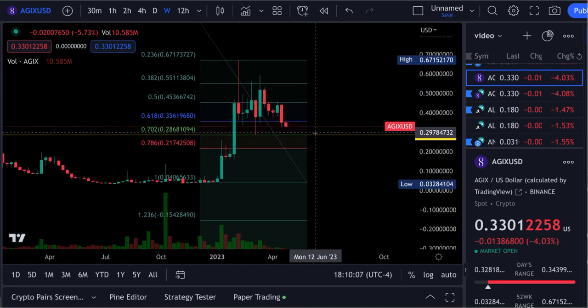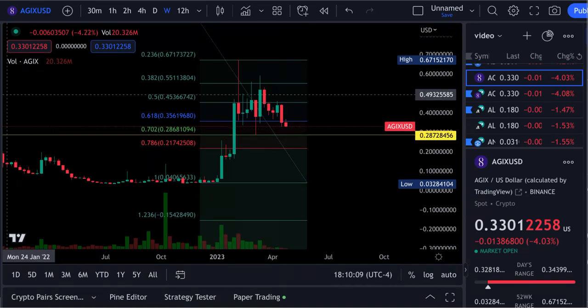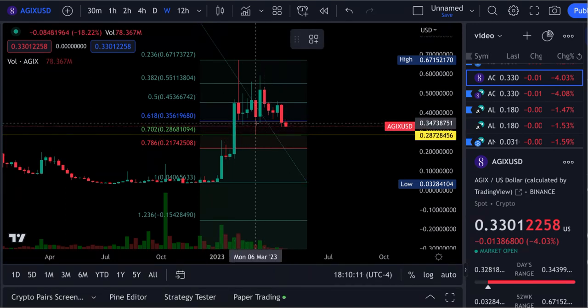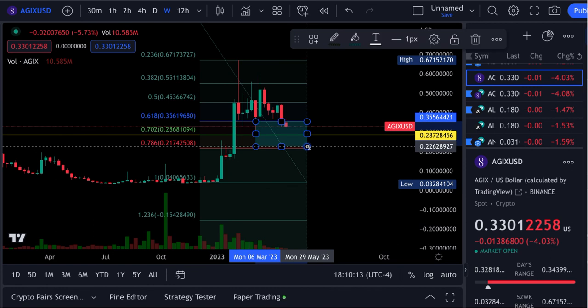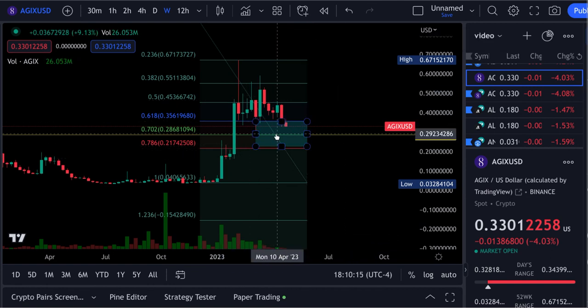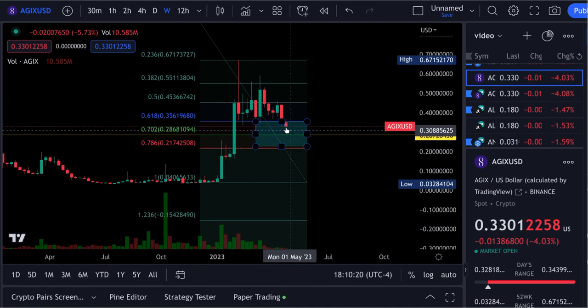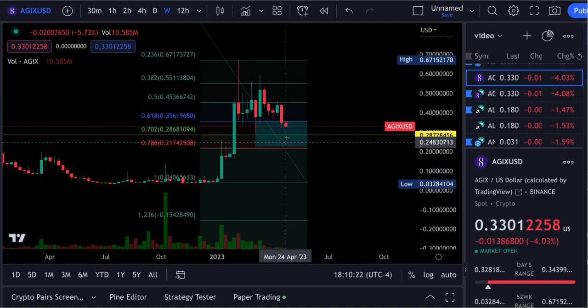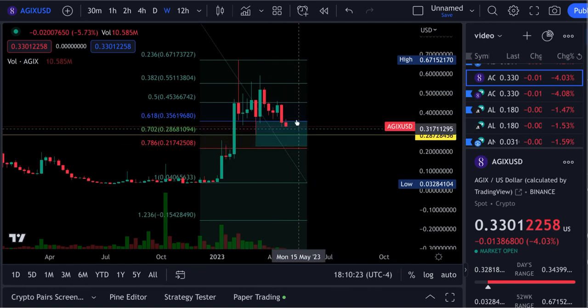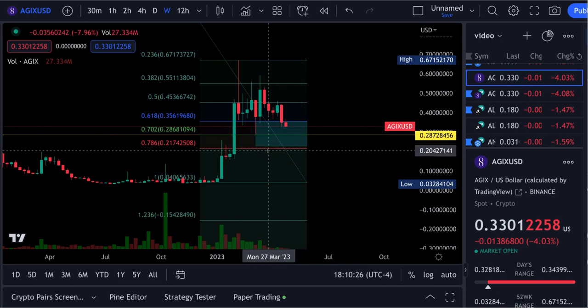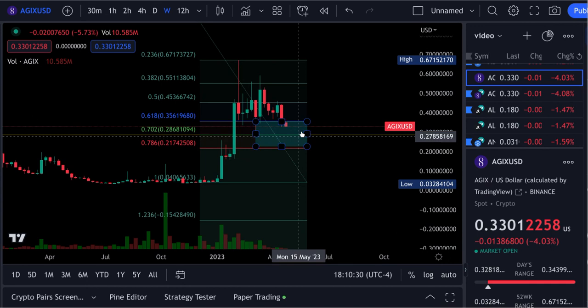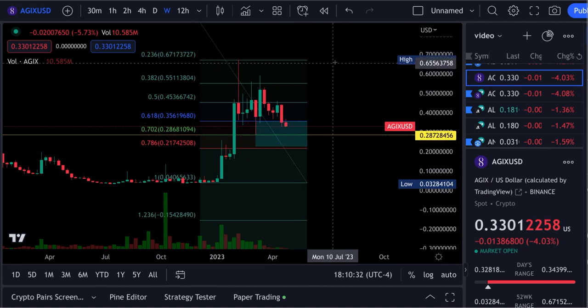The 618, 702, and 786 is your normal pullback area, right through here. And that's where you usually get a bounce from, right? A lot of traders that are going to long this coin will wait, buy it in this zone, and put their stop loss right below that 786. That way they have minimal risk involved compared to the rewards of the upside.